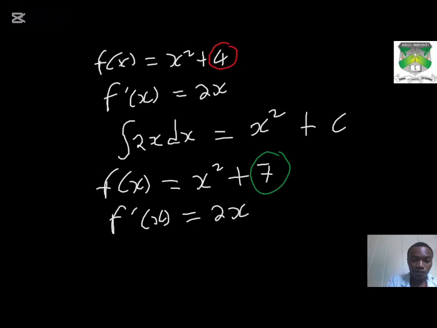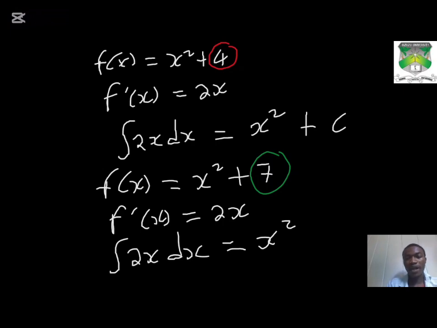The integral of this with respect to x will just give us x squared, but we don't know the constant, because when we differentiate a constant number, it gives us 0, and we can't assume the constant number. So we come up with the constant, which is just c.